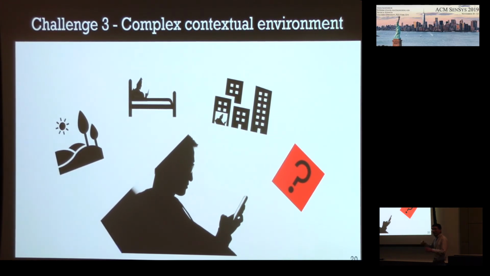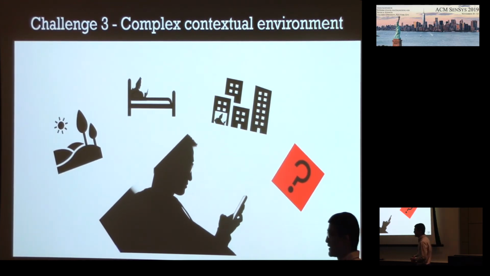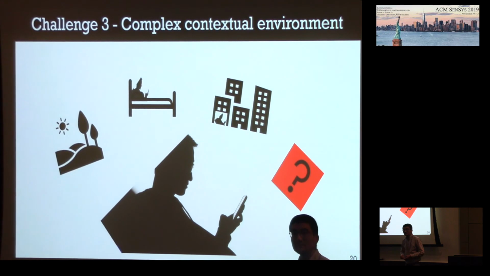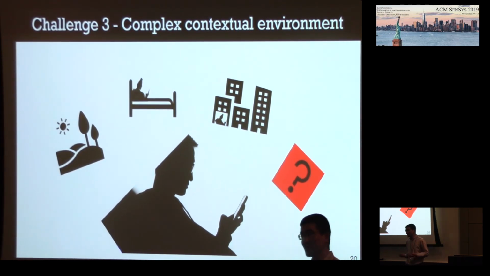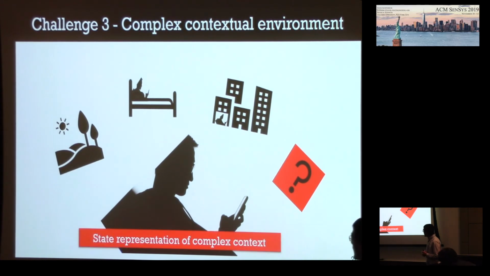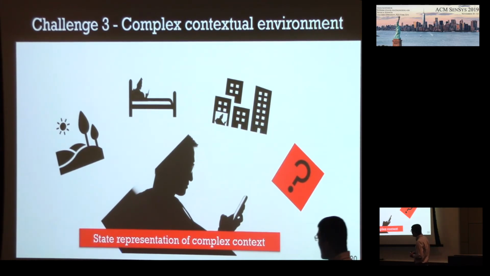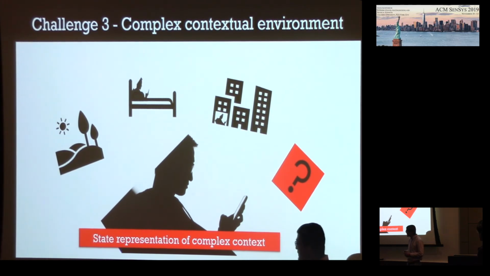But it also depends on some hidden context, whether the user is doing some exercise or is in some special location. So even some context that we do not know, or cannot explicitly describe, we want to consider all the complex context information in our prediction.